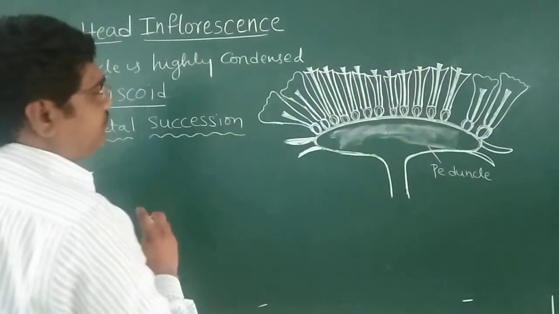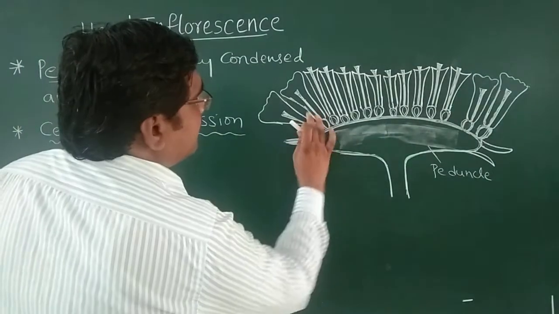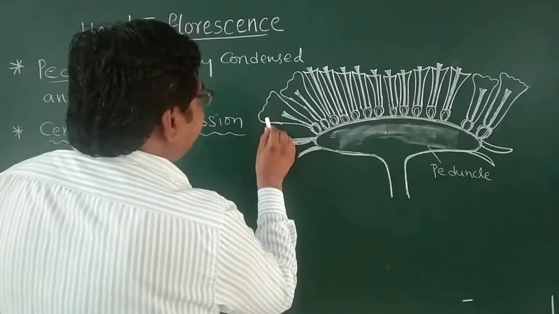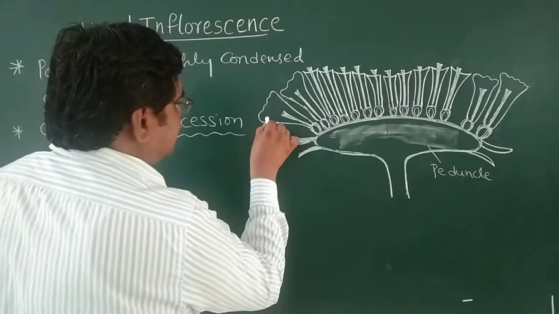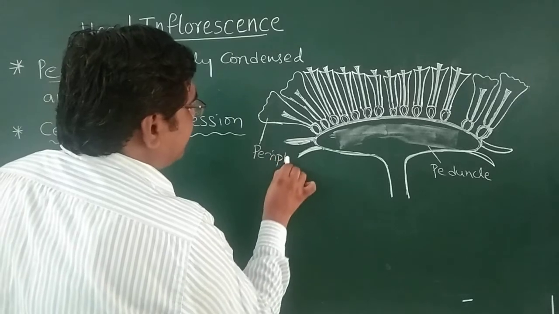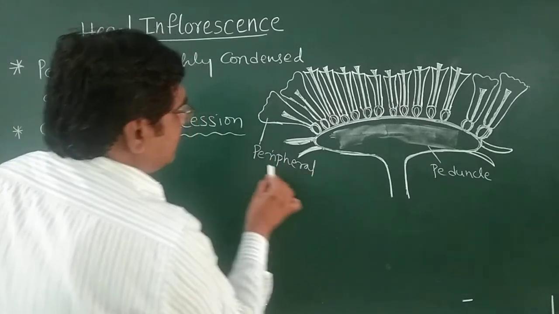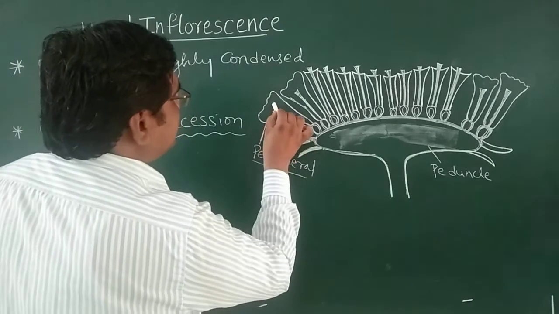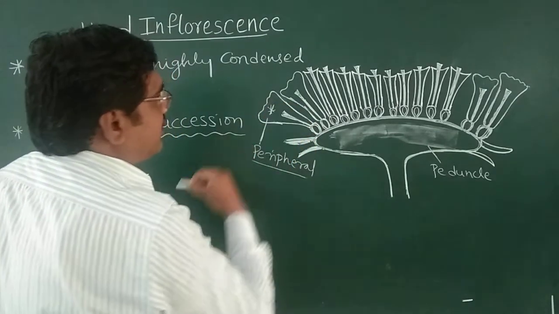Centripetal means on the peduncle flowers are there. At the peripheral side, the flowers first open.